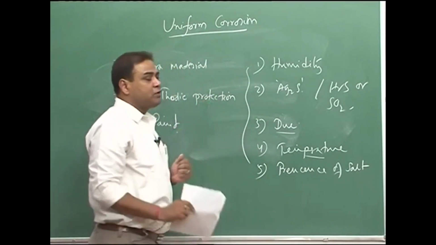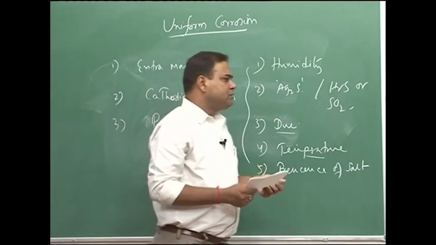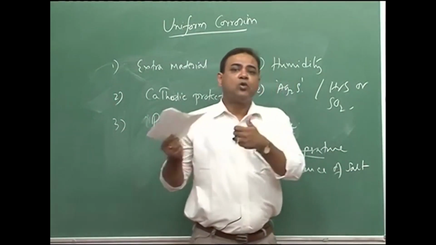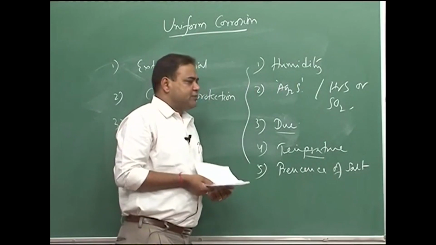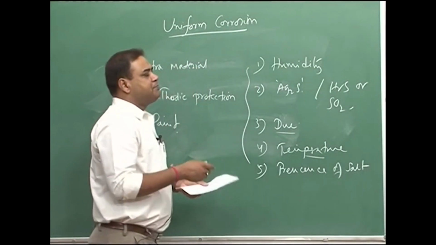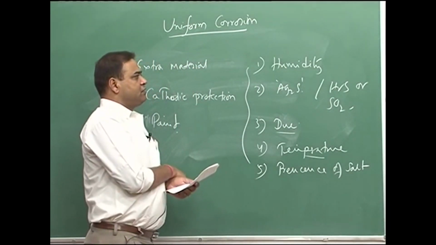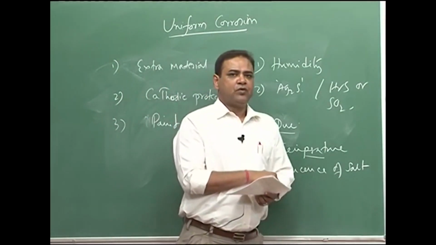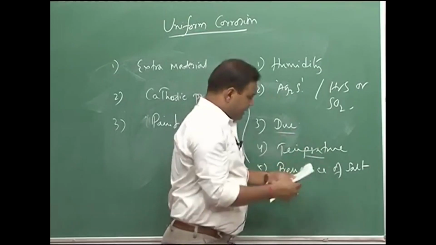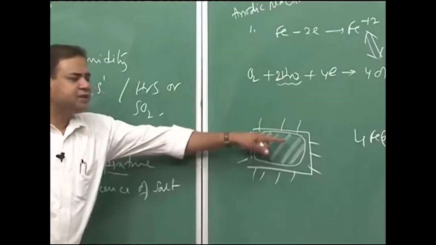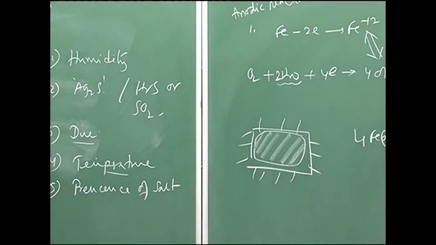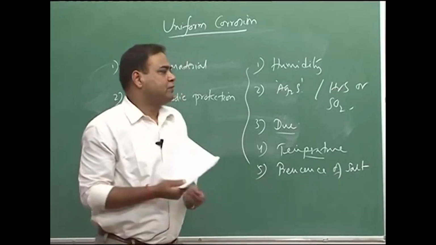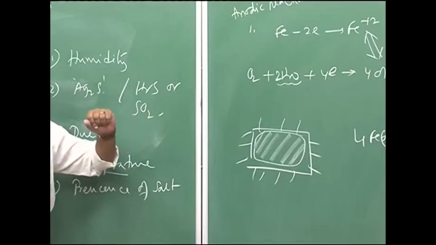So, this is about uniform corrosion, but the more important corrosion phenomenon is localized corrosion. In case of uniform corrosion, we can largely predict the life of a particular structure.